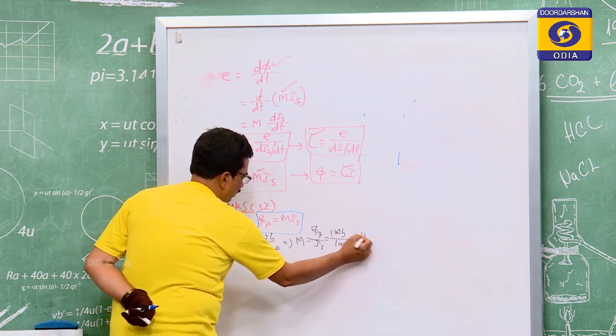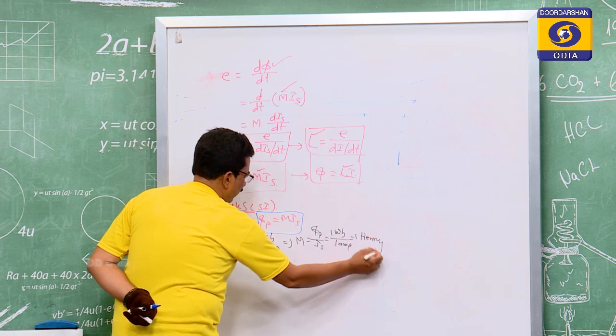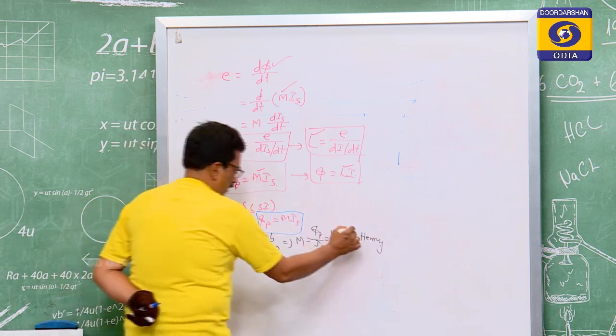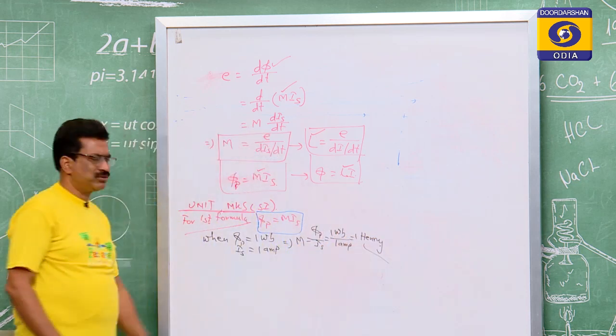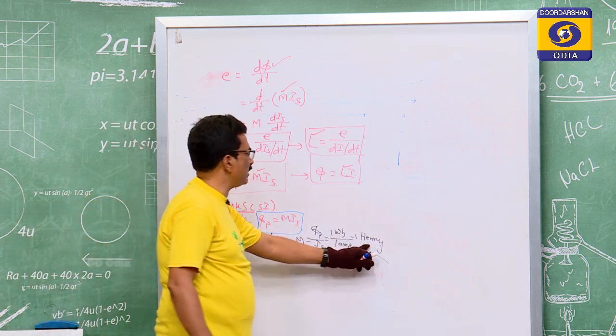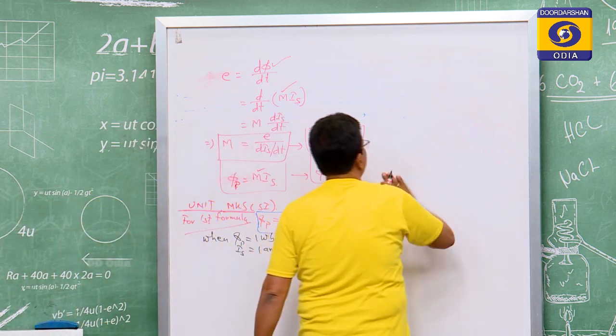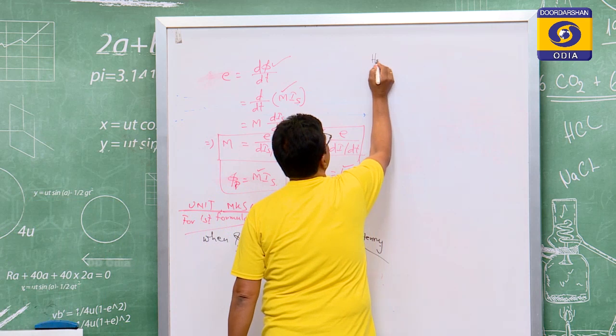That is equal to 1 Henry. So how will you define the coefficient of mutual induction as 1 Henry?